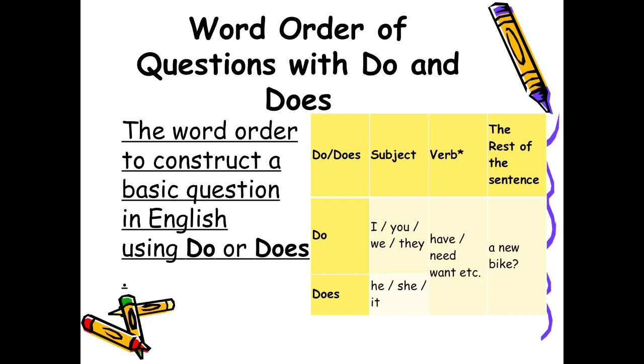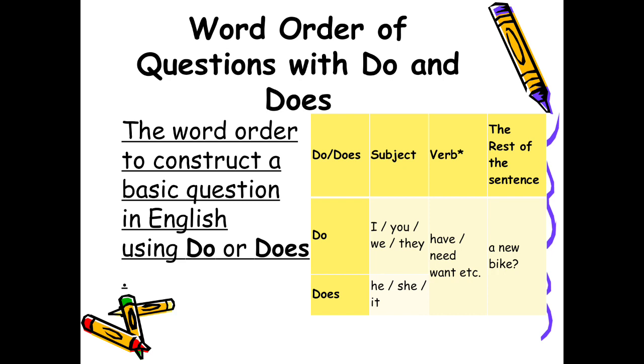Okay, word order of questions with do or does. The word order to construct a basic question in English, you have to use do or does. Okay, in which situation you will be using do, and in which situation you will be using does.